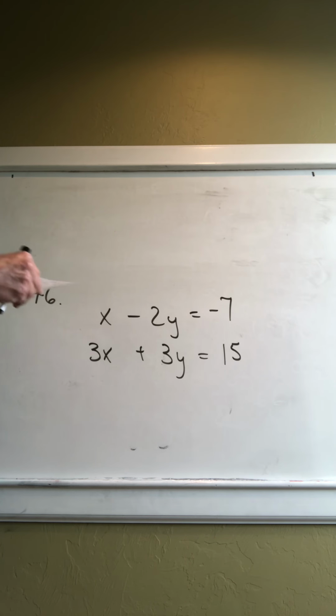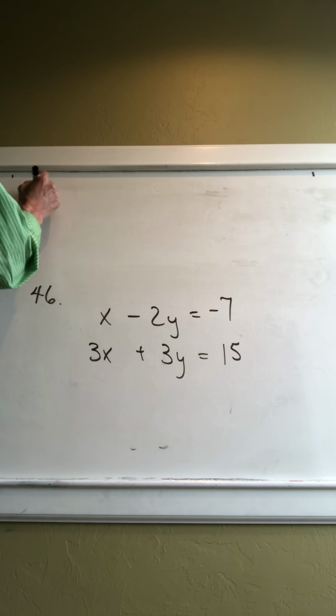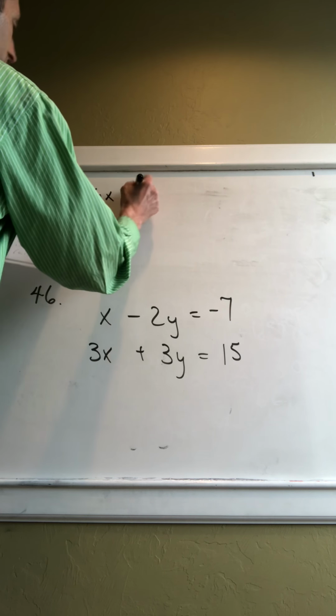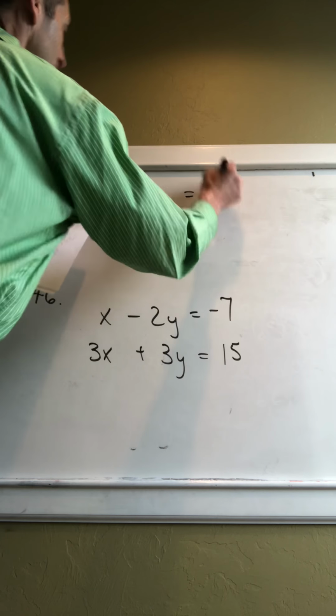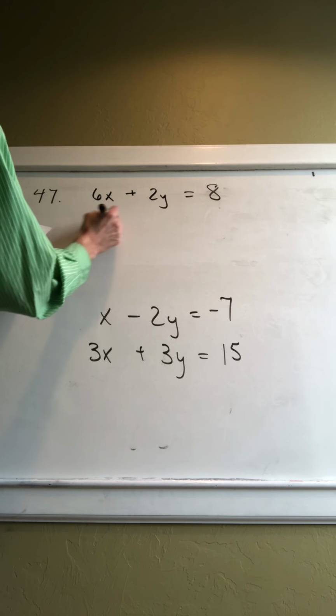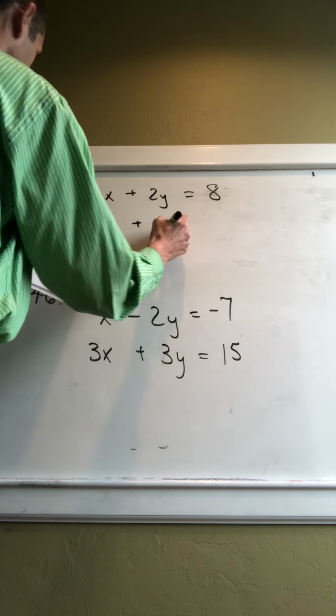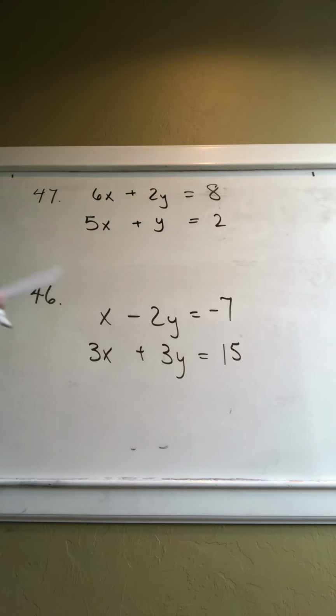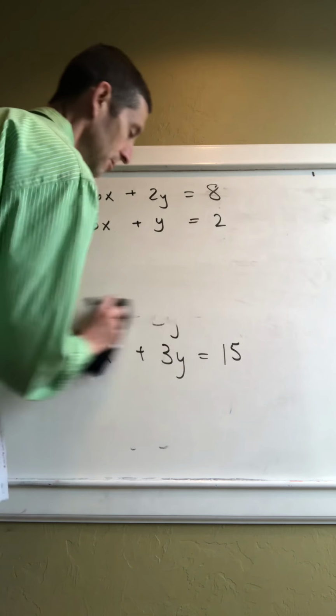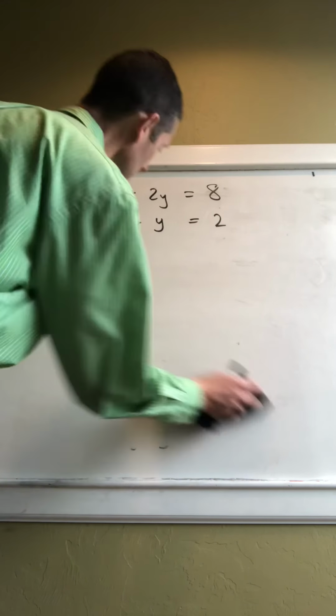So here's 47, which is 6x plus 2y equals 8, 5x plus y equals 2. All right.